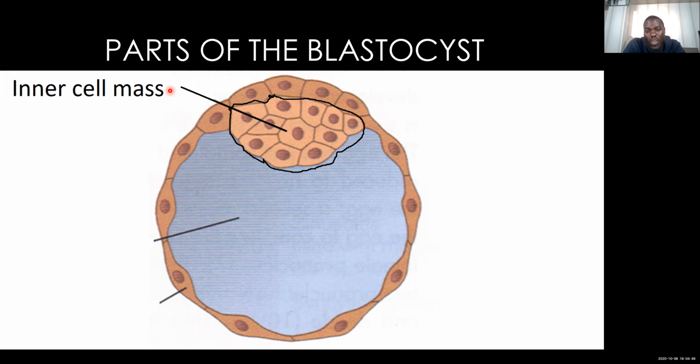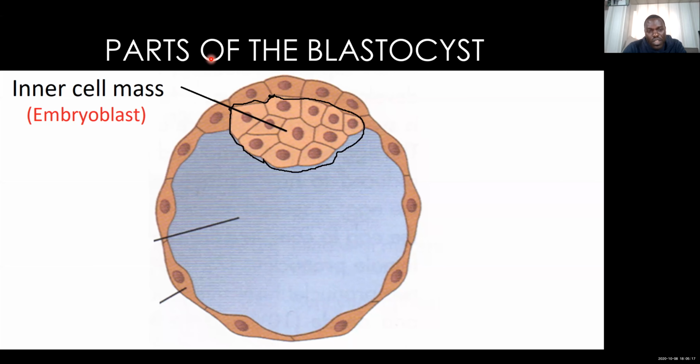So it means that they're the ones that are going to become the embryo. For that reason, we call it the embryoblast. The term blast means immature or forming, the same way we talked about fibroblasts, osteoblasts, it means they are forming or immature.